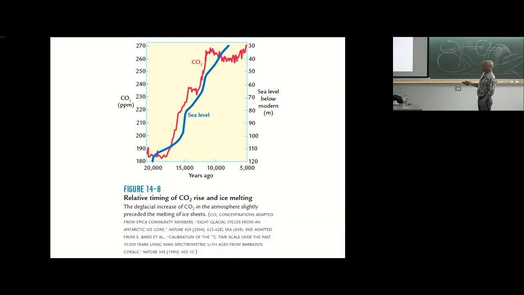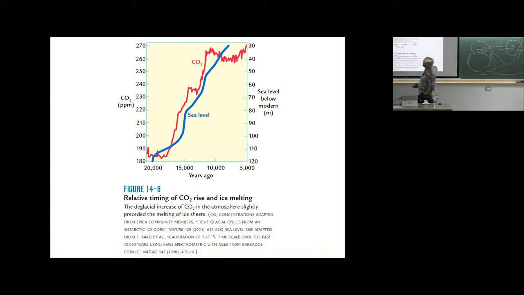And the CO2 jumped from a minimum of about 180 or so to the pre-industrial level of about 270. So this is the 80 to 100 ppm change we get during glacial-deglacial, which, as I said, has not been fully explained. Is it clear?